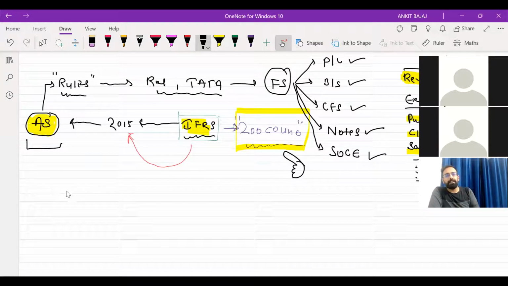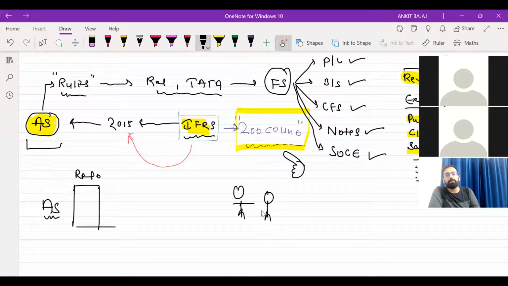Now let's suppose I take the example of Reliance Limited. Reliance Limited was using accounting standards before 2015. Now let's suppose I'm a foreign investor, and I want to invest my money in Reliance Limited. Before investing, I would read and analyze the financial statements of Reliance Limited.